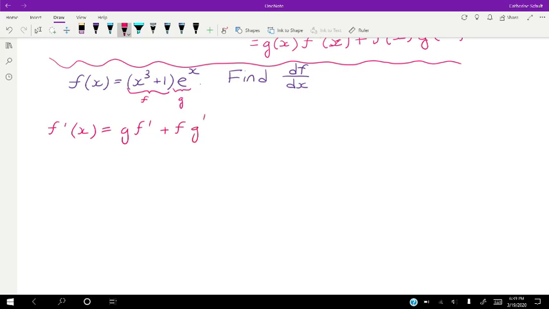It doesn't matter. We'll get the same answer. Okay, so tally ho. G is e to the x, so we'll leave it like that. And then f prime. What's the derivative of x cubed plus 1? Here, I'll write it out like this since it's our first time. Good, 3x squared.